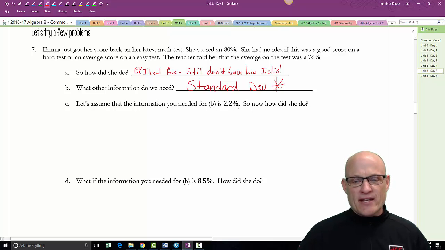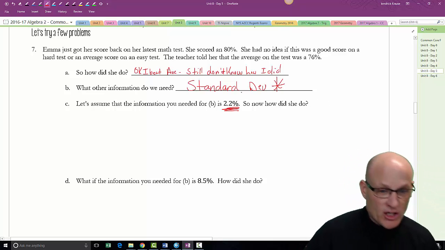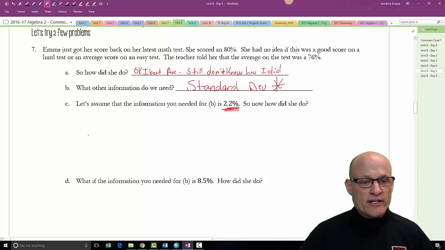So let's assume that the standard deviation was 2.2. Okay, so we are going to turn this into a z-score. So z equals, she got an 80, 76% was the mean, and 2.2 was the standard deviation.